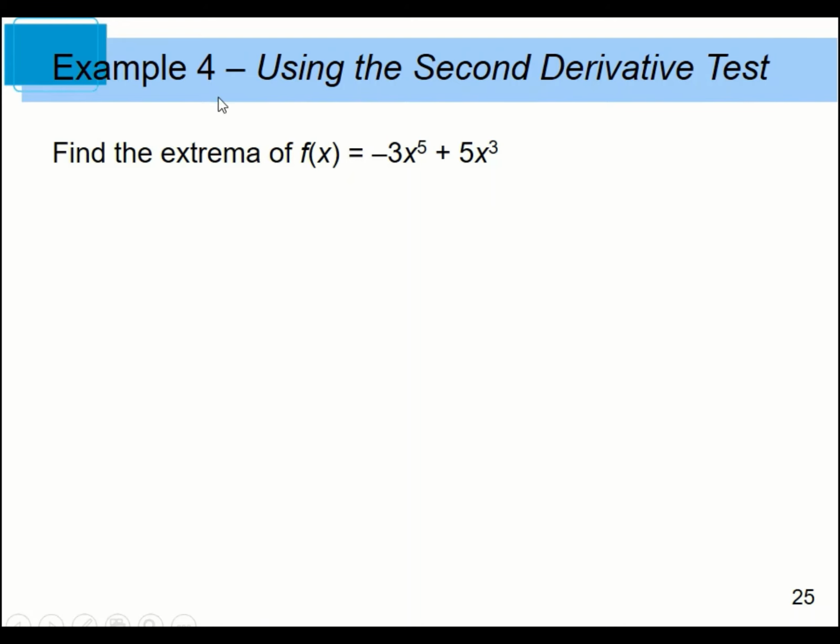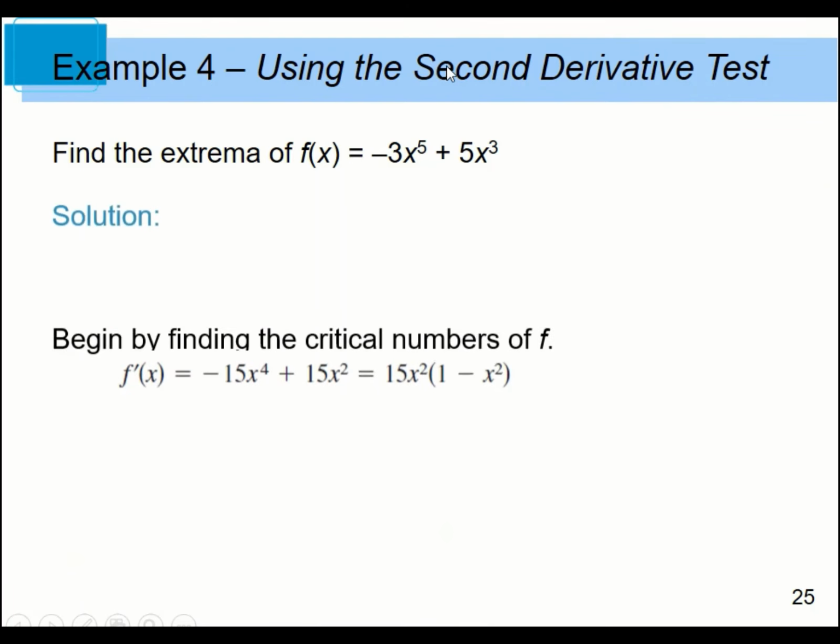Let's consider this example. Example 4. Now we are using the second derivative test to find the maximum point or the minimum point of this function, f(x) equals negative 3x to the power 5 plus 5x to the power of 3. To use the second derivative test, we need to differentiate two times.